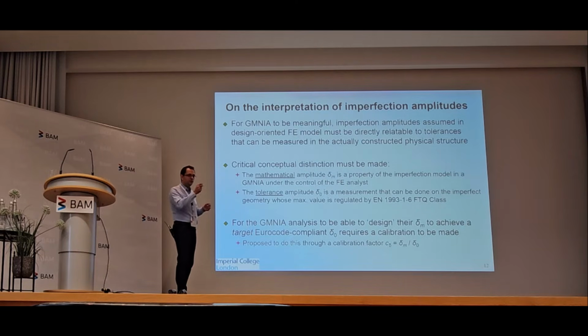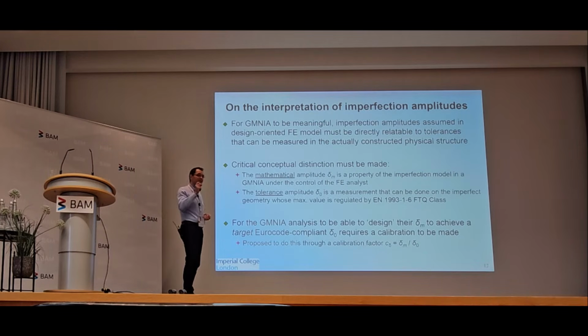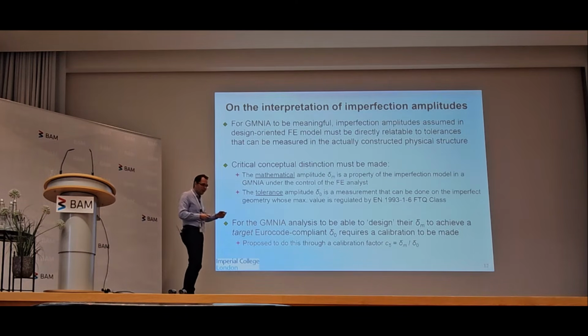In your model, you know what a reference axis is. Typically, it's whatever the perfect structure was. And the mathematical amplitude defines the amplitude of your imperfection relative to that perfect state. That is not what the Eurocode means when it talks about an amplitude, and the amplitudes that it prescribes for use in GMNA are not the same as that.